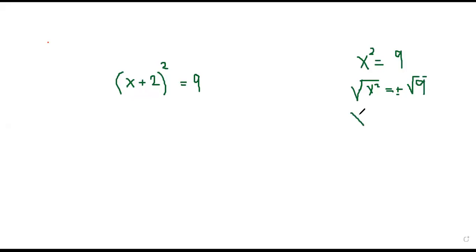Then the value of x will be positive or negative 3. But in this question, we have an expression (x plus 2) all to the power of 2, so we will also use a square root for both sides. The square root equals positive or negative square root of 9. So the basic rule is the same.